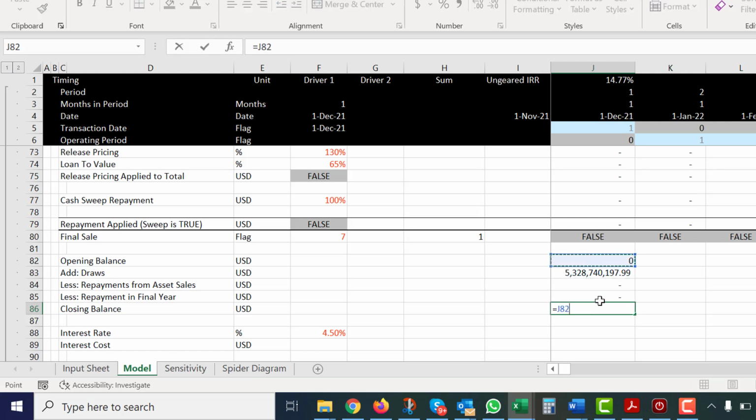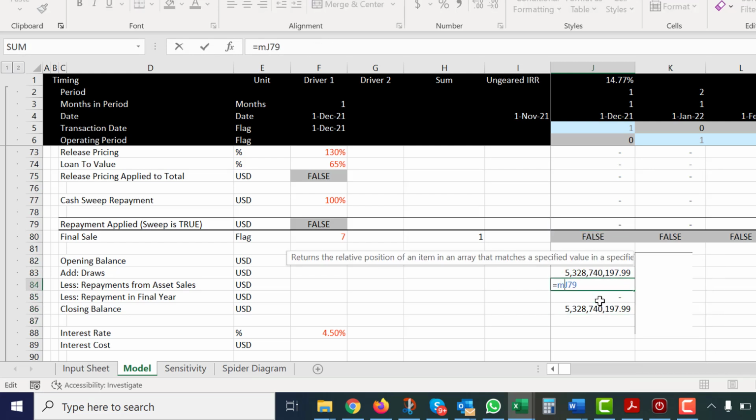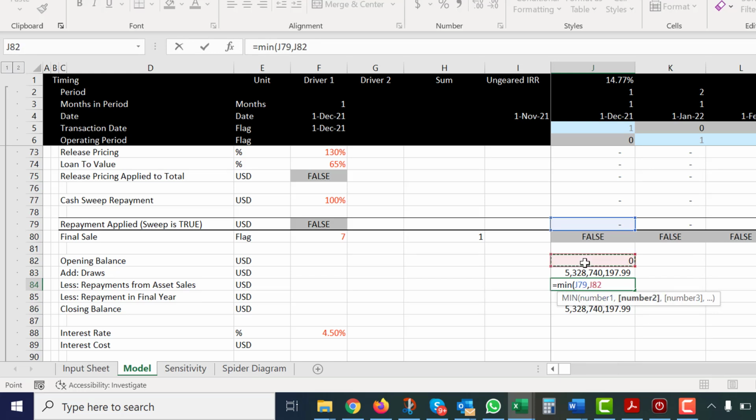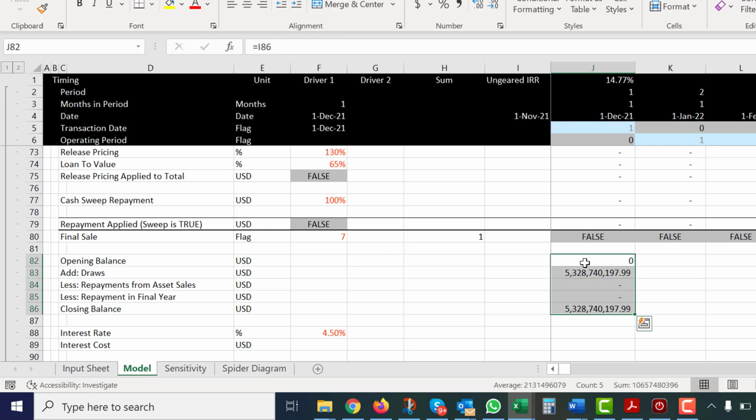That could happen too, so we'll just have to look at that. And we should also put another thing in. These repayments better be the minimum of the amount we're trying to pay or the opening balance. So you can see that we have very simple formulas throughout.